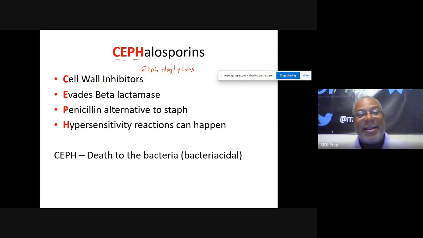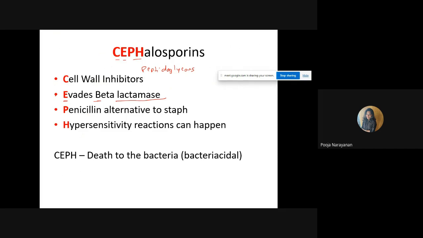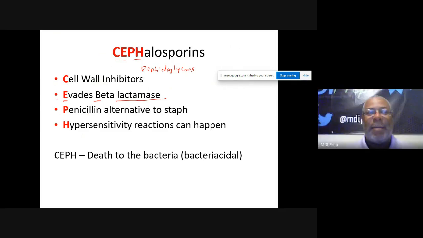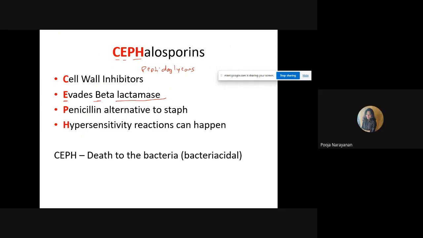Okay, very good. Now, look at cephalosporin. It evades beta lactamase. What does that mean? It works around the beta lactamase. It doesn't require it for its function as such.